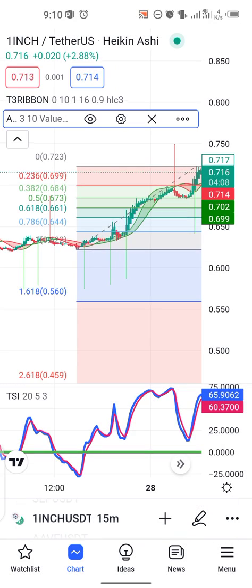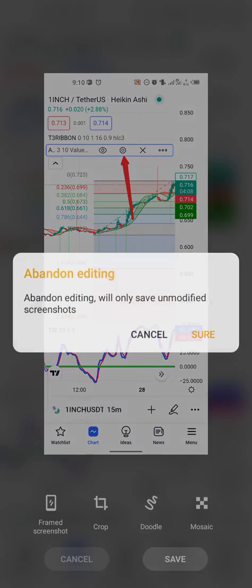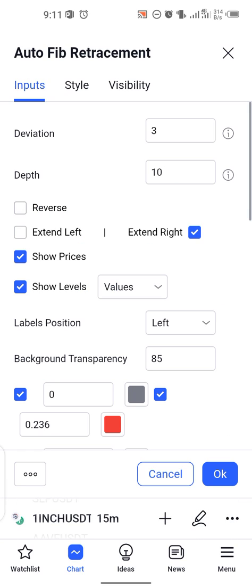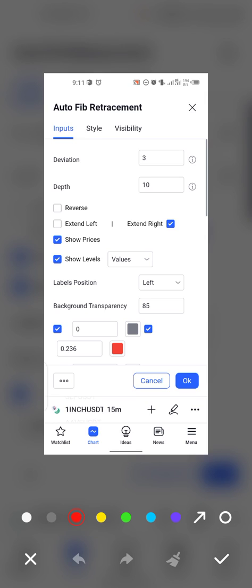Once we tap on it, it takes us to this area where we have that wheel. That wheel means settings. So we tap on settings, and now when you tap on settings, we go to input. Look very clearly here. You see this area where there is values, and this area where there is left. We shall tap on this arrow and this arrow on values and there.